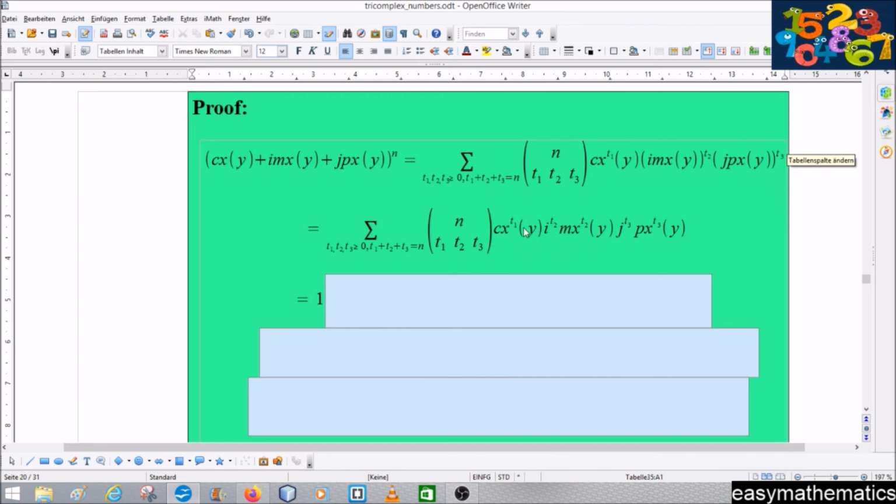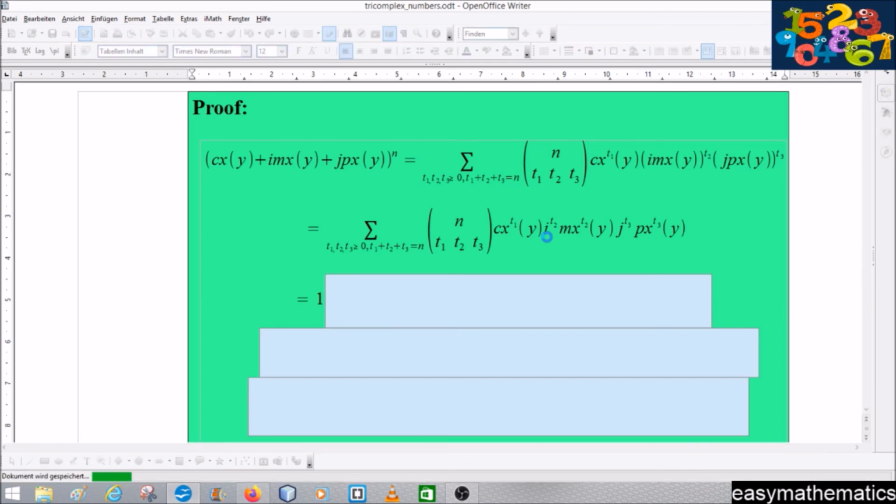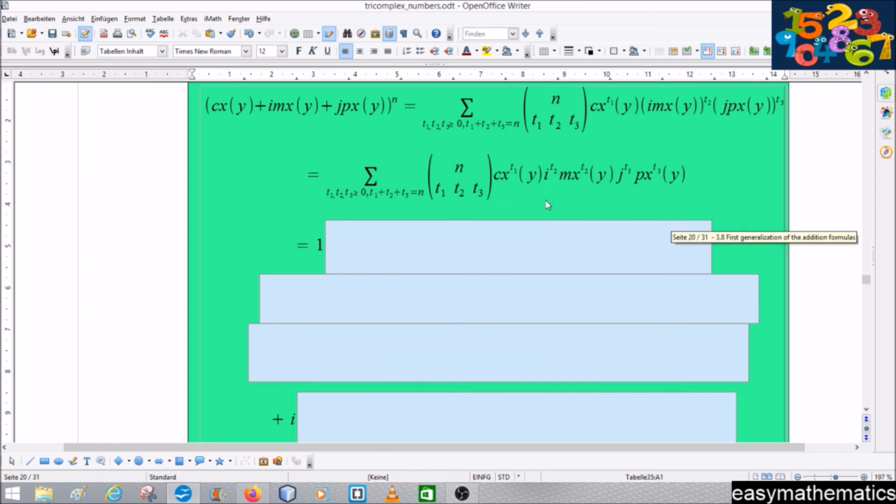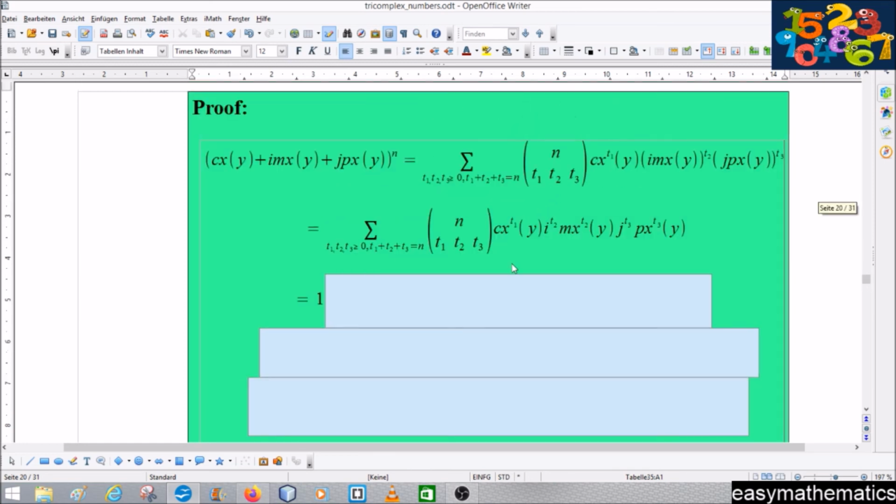And now what we have to think of is how the exponents and products of i and j contribute to the units. So if we take the unit 1, we get the unit 1 if the exponents of i and j are multiples of 3.